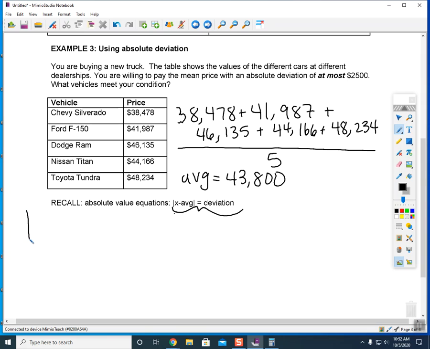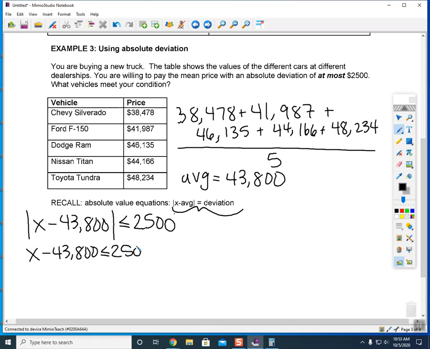So I'll have the absolute value of x minus 43,800 less than or equal to my absolute deviation, which is 2,500. At this point, we know how to solve these, right? I'm going to break this into 2 equations. I'm going to have x minus 43,800 is less than or equal to 2,500.